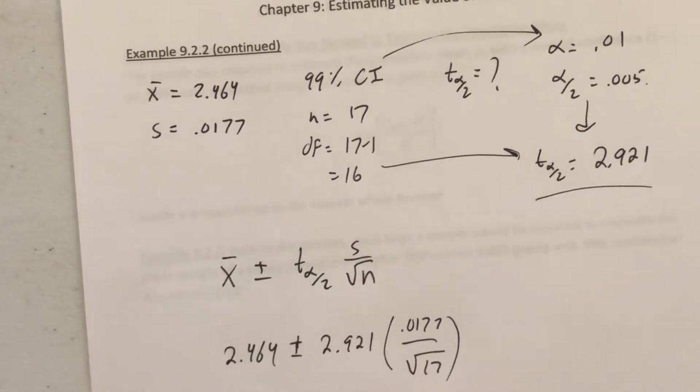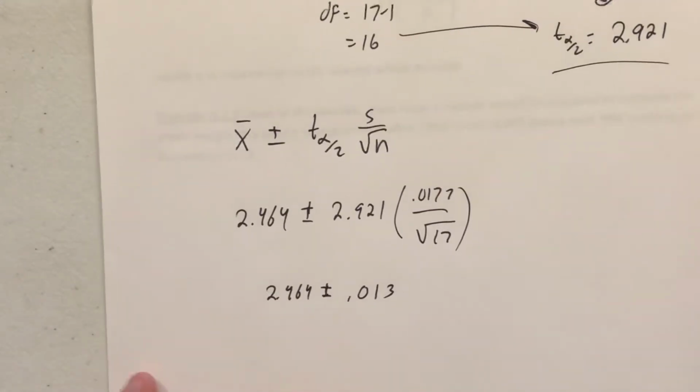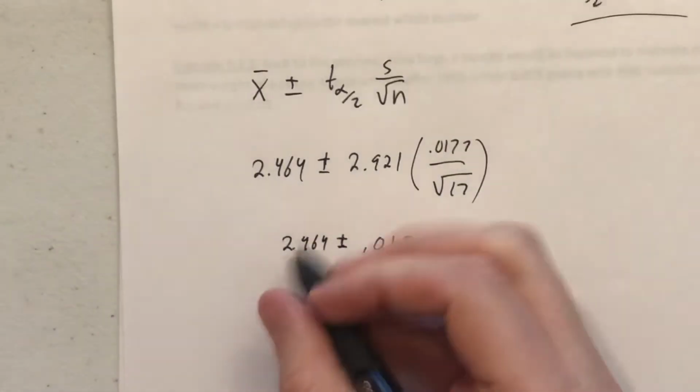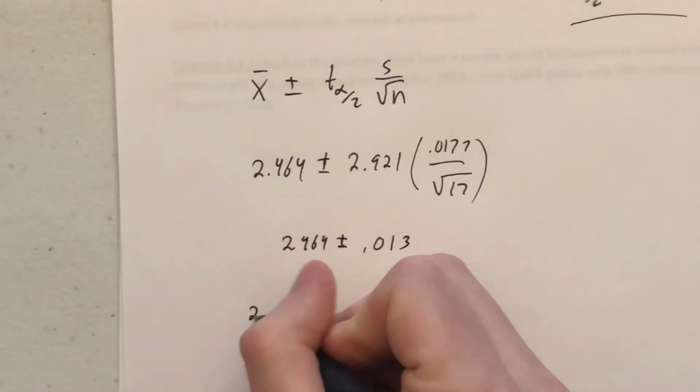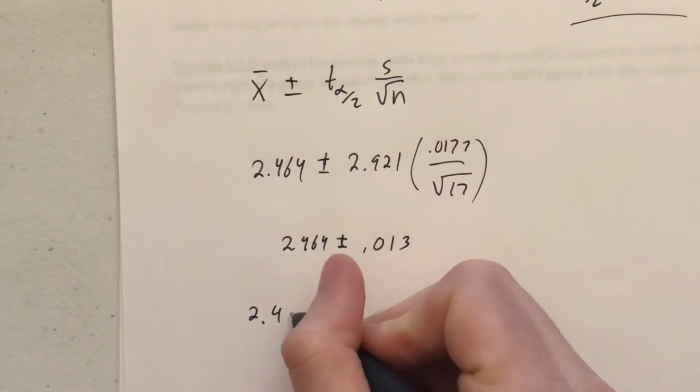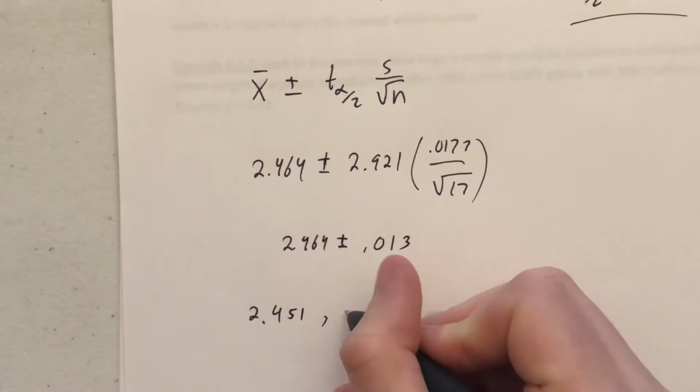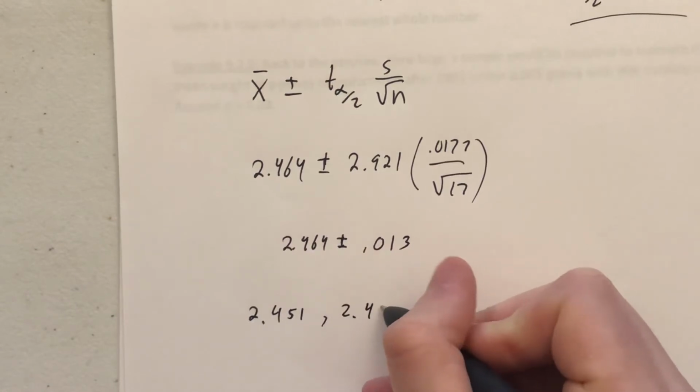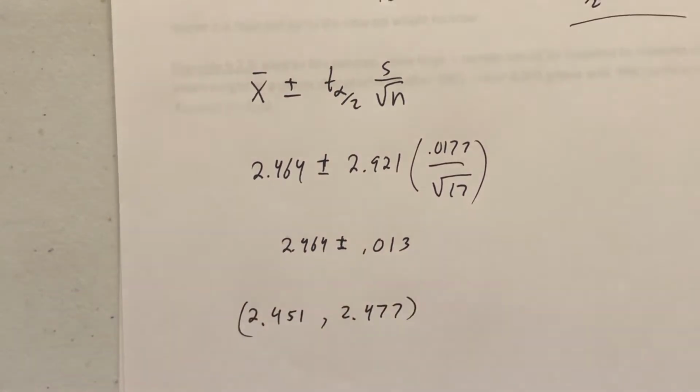And so with that, we can say our lower bound would be 2.451. Our upper bound is 2.477.